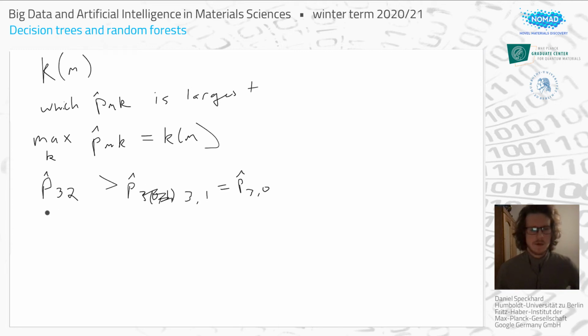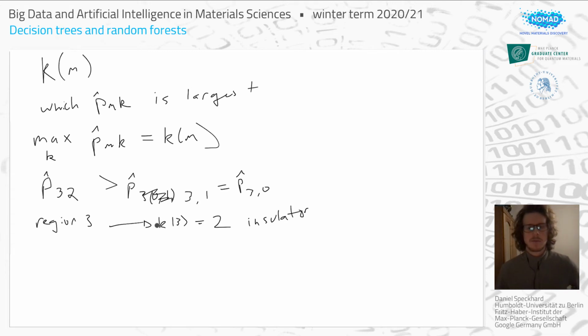So that means for region 3, we're going to estimate a class label of region 3 equal to 2, or insulator, if we decode that integer.